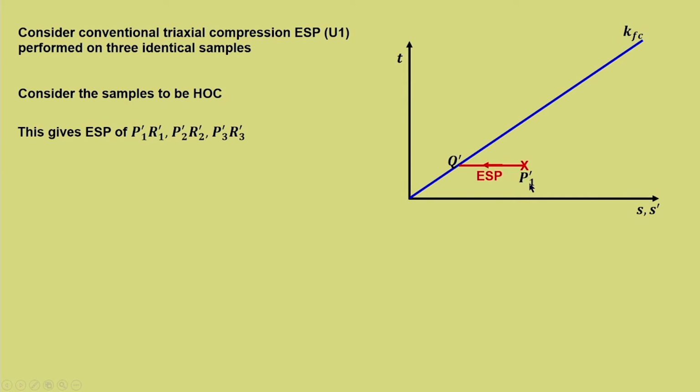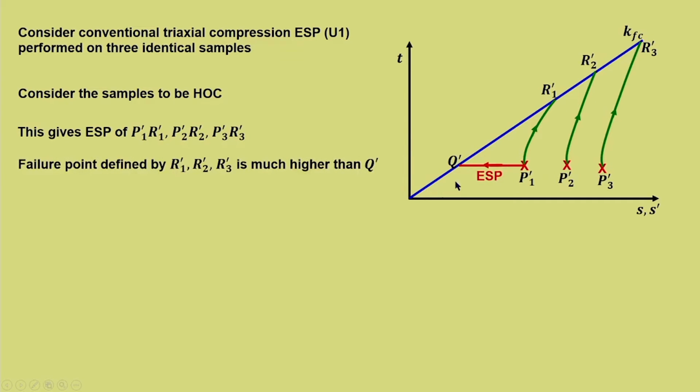So, the initial point is P1 dash and the effective stress path is in the positive direction, which is P1 dash R1 dash. Now, P2 dash R2 dash is at a higher confinement, and P3 dash R3 dash at an even higher confinement. So, this gives the effective stress path. Now, the failure points are defined by R1 dash, R2 dash, R3 dash. So, these are the failure points.